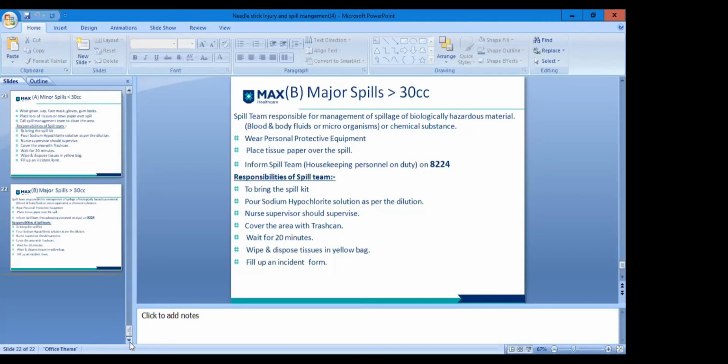That is the difference. You can also make protocols where nursing supervisors and housekeeping members work together on spill management. So this is all from my side about spill management and needle stick injuries.